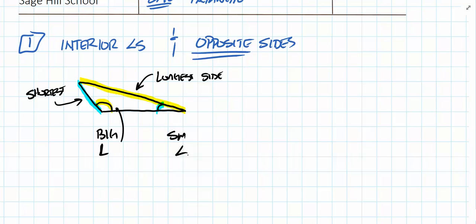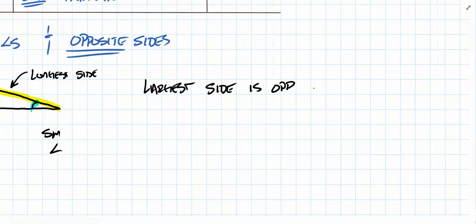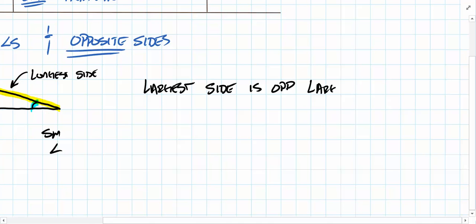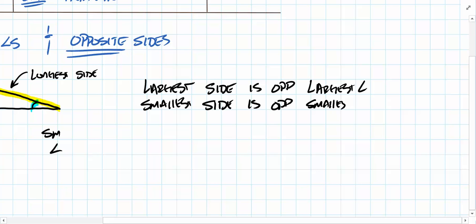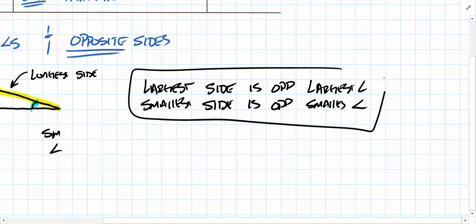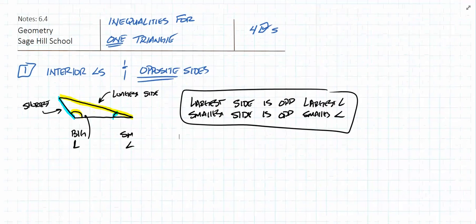So here's what we need to come up with: largest side is opposite largest angle, and smallest side is opposite what? Smallest angle. There we go. That's what we need to understand, the relationship between our sides and our angles.